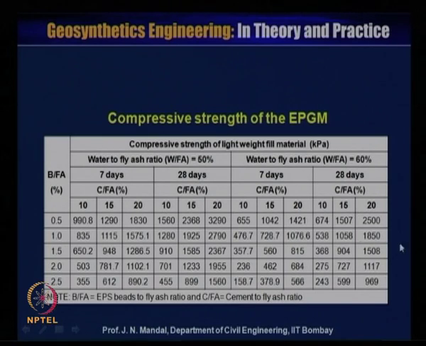So in all other cases you can have similar value. So overall it can be conveyed that water to fly ash ratio of 50% is superior to the water to fly ash ratio of 60% in terms of the compressive strength of the EPGMA.